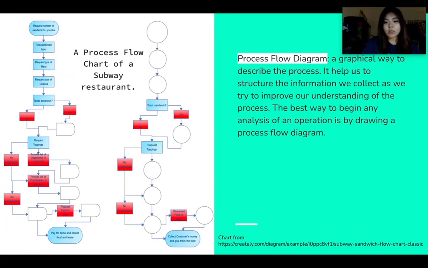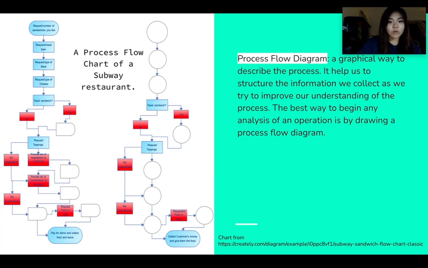Okay, moving on to the process flow diagram. A process flow diagram is a graphical way to describe the process. It helps us to structure the information that we collect as we try to improve our understanding of the process. The best way to begin any analysis of the operation is by drawing this process flow diagram.